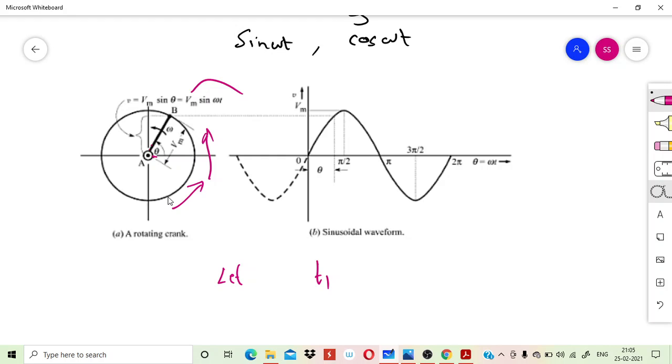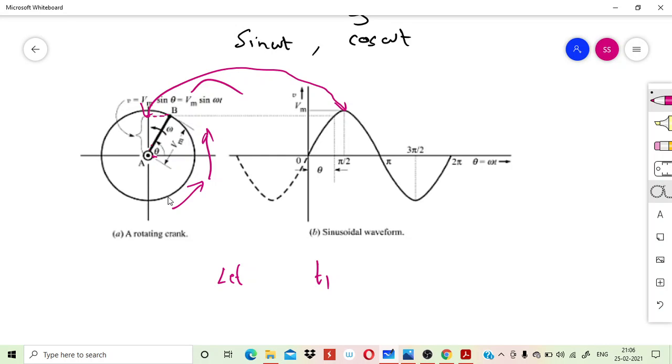Okay, so that means if you project this point B, that is the tip of the rod B, on this y-axis, then you will get the corresponding sinusoidal value here.